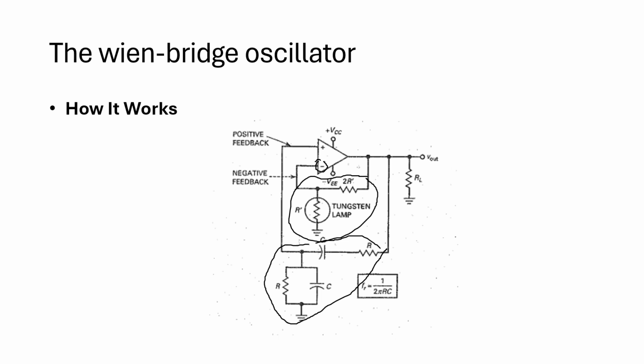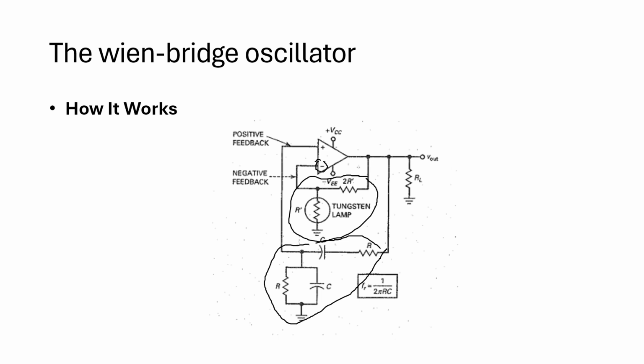After the output reaches the desired level, the negative feedback becomes large enough to reduce our loop gain AVB to 1.